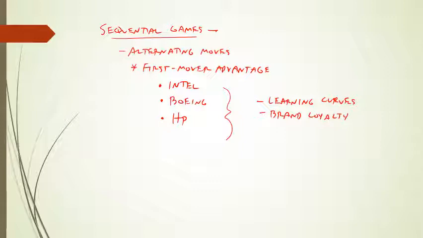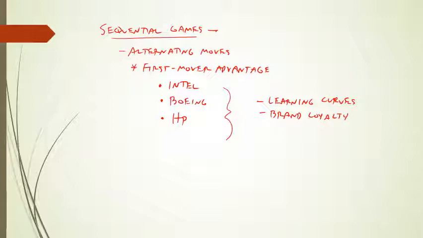It's not always the case that firms have first mover advantage. It could be that there's a second mover advantage. Consider a large company trying to figure out whether to invest in research and development for a new product, or simply wait until a smaller firm develops the product.